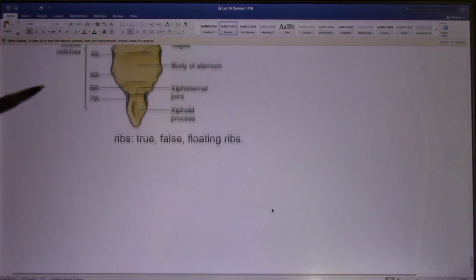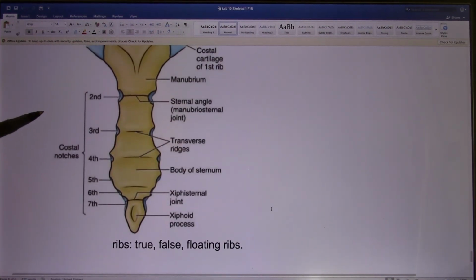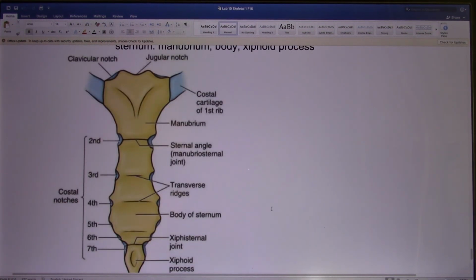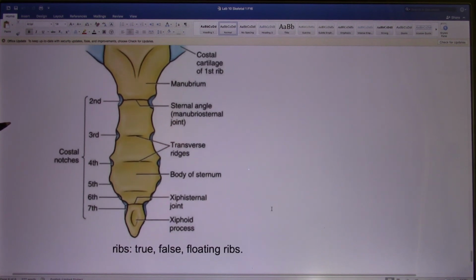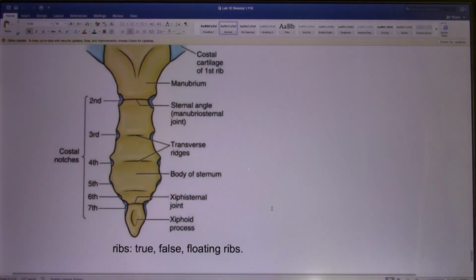You also need to know that of the 12 pairs of ribs, 7 pairs are true ribs because they connect to the sternum, and the last 5 are false ribs. In the false ribs, the last 2 are floating ribs because they do not connect with the sternum at all. Okay, that's it.